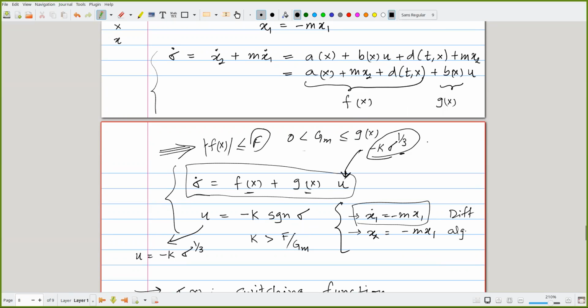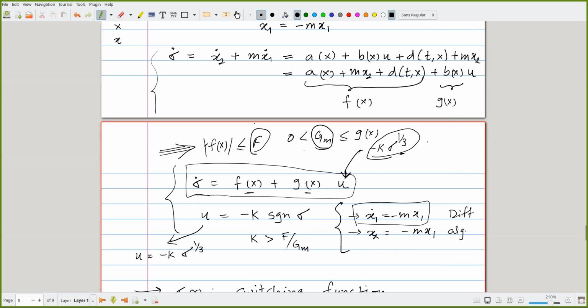Right now, these bounds F and gm are just constants, not dependent on the states. If the uncertainties also depend on state, then when the states go near origin, those uncertainties also reduce in value.